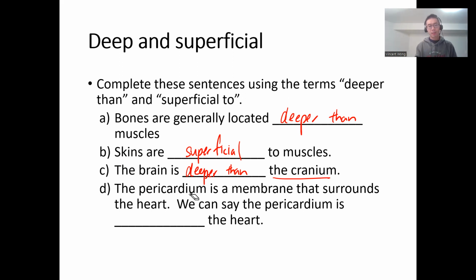The pericardium is a membrane that surrounds the heart. We can say the pericardium is, because it's surrounding the heart, right? It's outside of the heart, so it's superficial to the heart. All right.